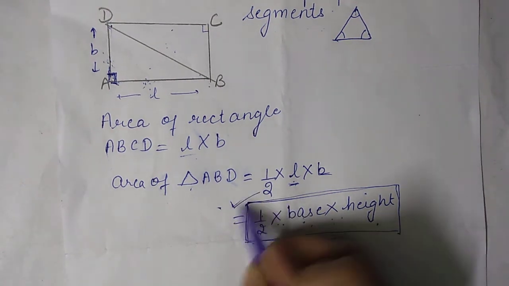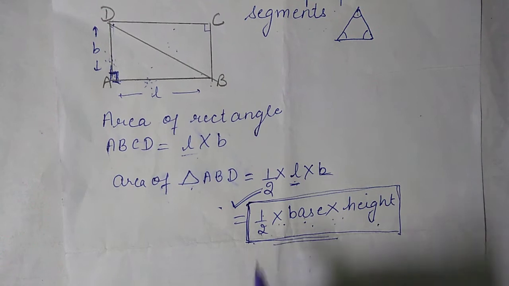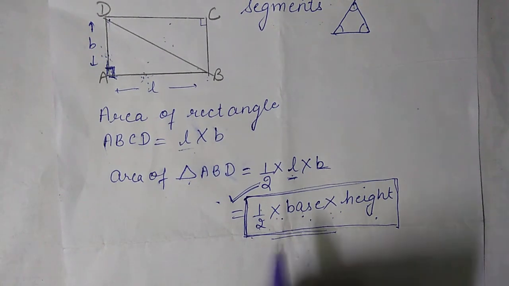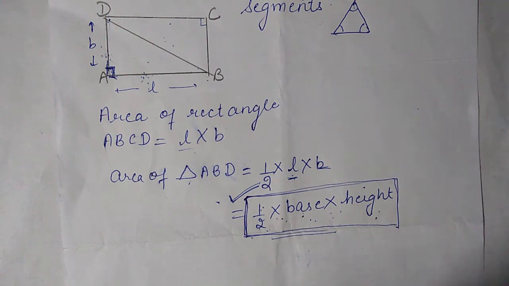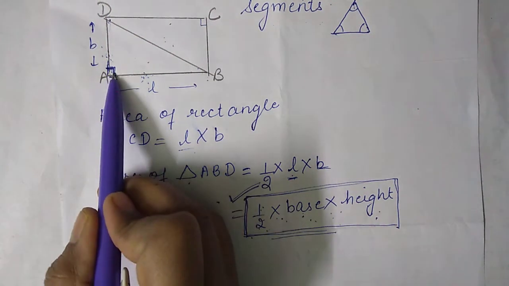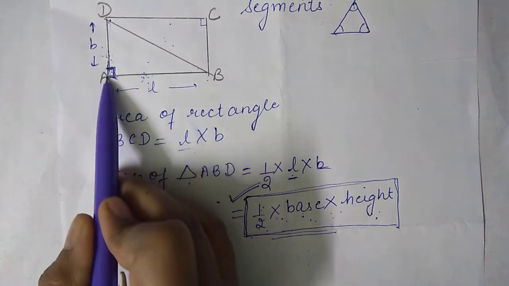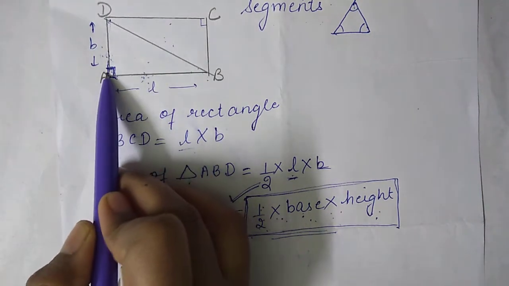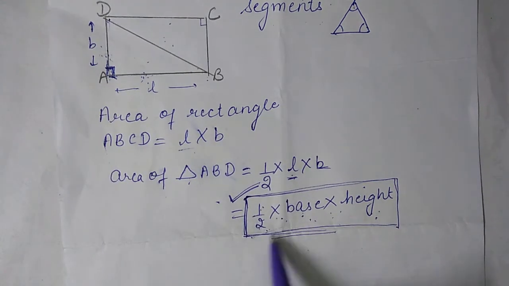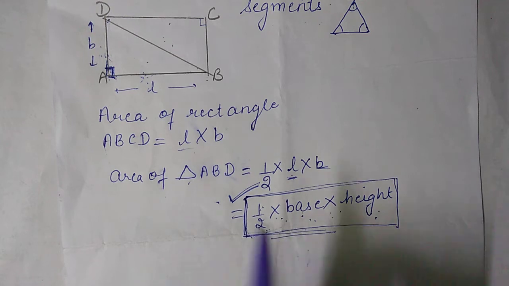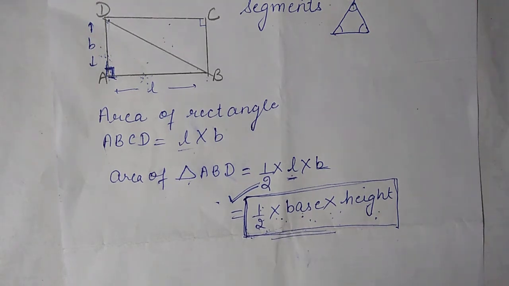This we will use in the questions. So you have to remember that area of a triangle is half into base into height. And one more thing, you have to be careful that here the 90 degrees is at a vertex. This is one of the vertices of a triangle, and 90 degrees is forming here. So area of triangle is half into base into height. Okay, so let us do one question related to this concept.